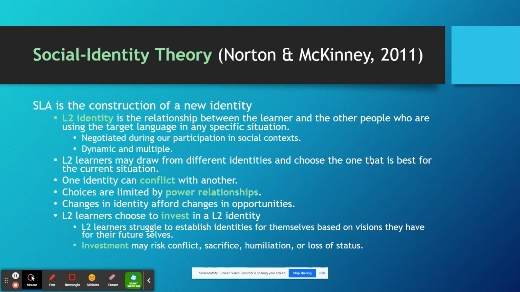Now, this is interesting. A lot of people don't realize it, but sometimes these immigrant learners are actually very educated individuals. They could be very educated, they could be very intellectual. They could have been doctors or lawyers in their own country, but now they're stacking shelves at Walmart. Yes, sadly, I've seen that.